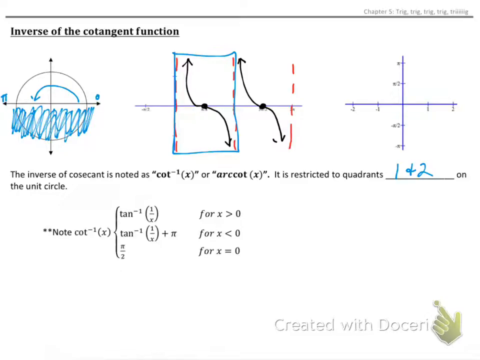Now the graph of cotangent inverse. Same thing as with tangent. I'm going to do my asymptotes first. If I have an asymptote at 0, that's vertical, I'm going to have a horizontal asymptote at 0 for my inverse. So we got one here. And since I have a vertical asymptote at pi, I'm going to have a horizontal one at pi on my inverse.